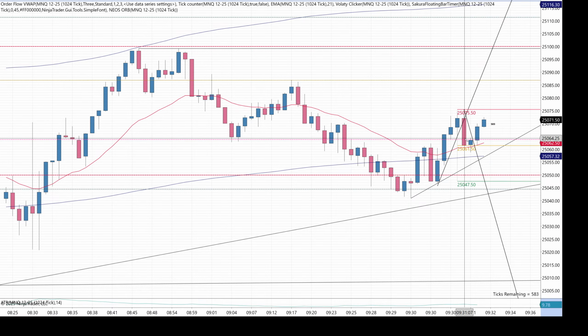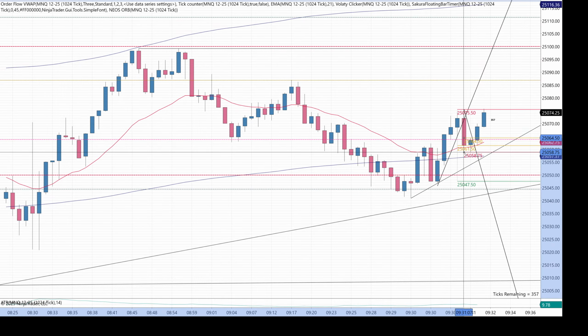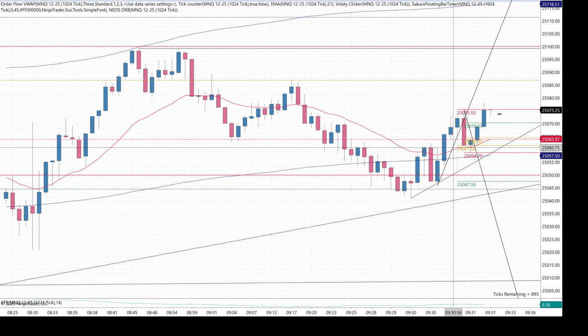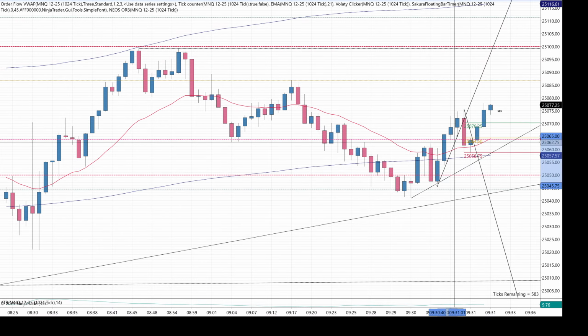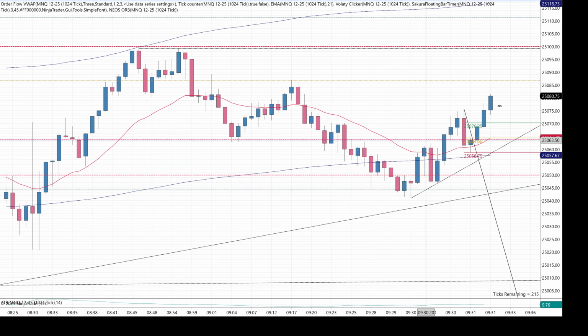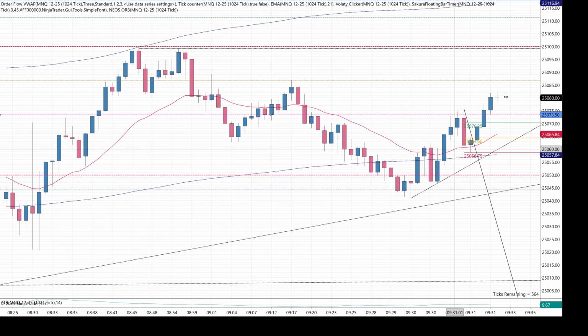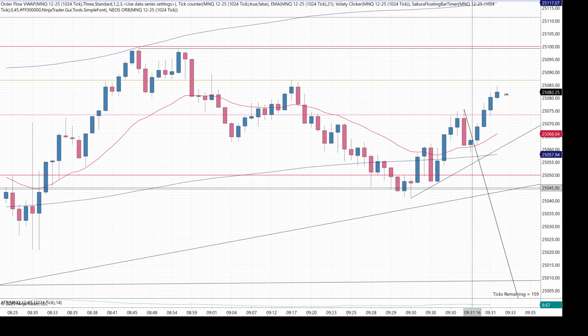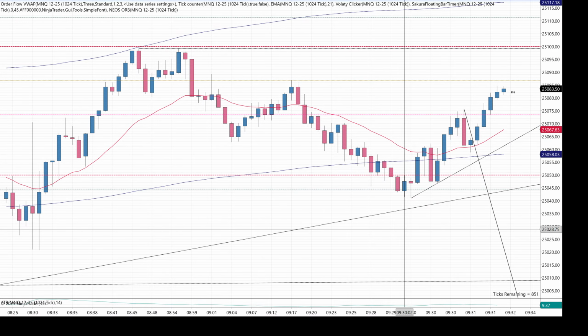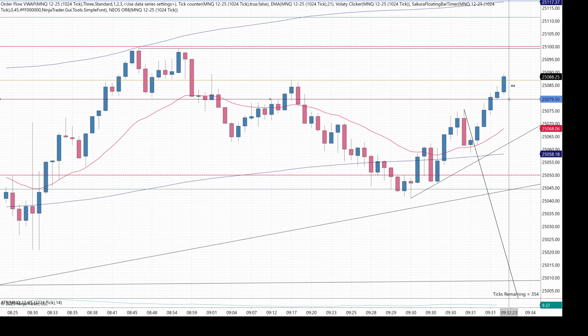And this was the bullish signal down here, the bounce off the EMA. But we couldn't take either of those trades. They didn't follow our rules. So we'll just keep track of the runner for now.